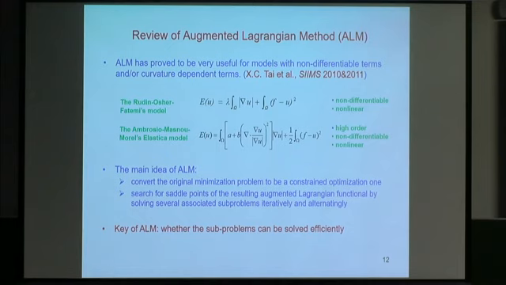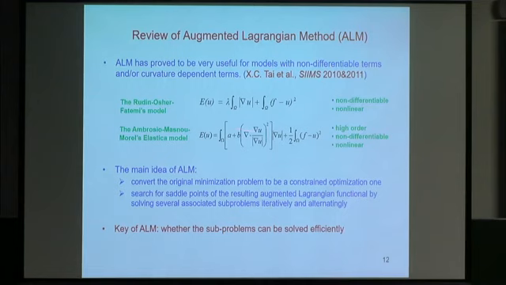I would like to use a few slides to discuss how this technique can be used in previous works. What I follow is basically Xue-Cheng Tai's previous work on the ROF model, and also the Euler elastic-based image denoising model, which we call the Ambrosio and Masnou Euler elastic model.